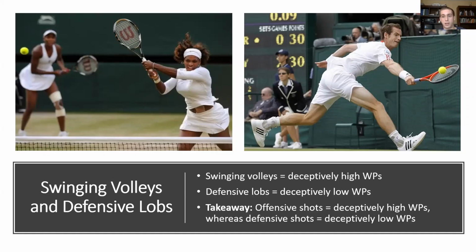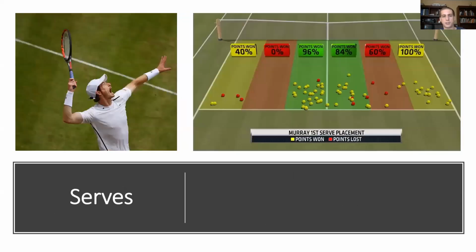Whereas with defensive shots, if you don't account for confounders, their win probabilities tend to be deceptively low. So again, I'm going to say that one more time. The more offensive the tactic, the more likely it is that the win probability that the player has with the tactic tends to be deceptively high, and vice versa.